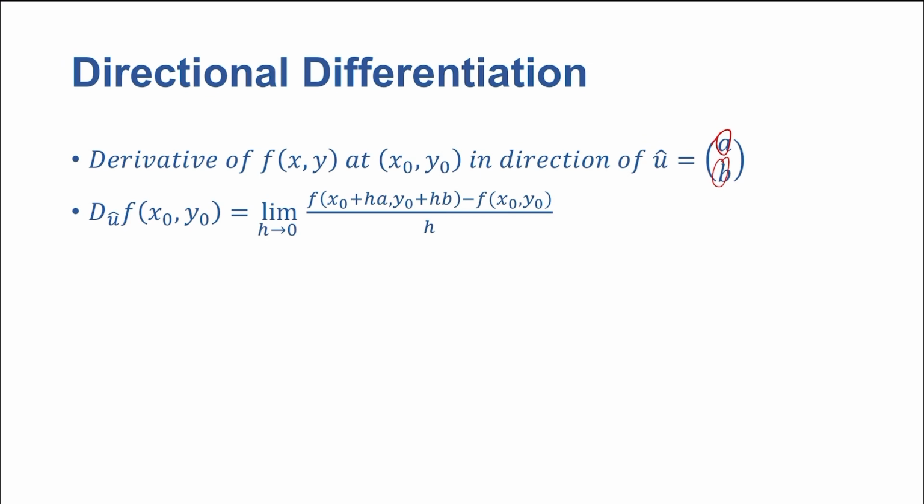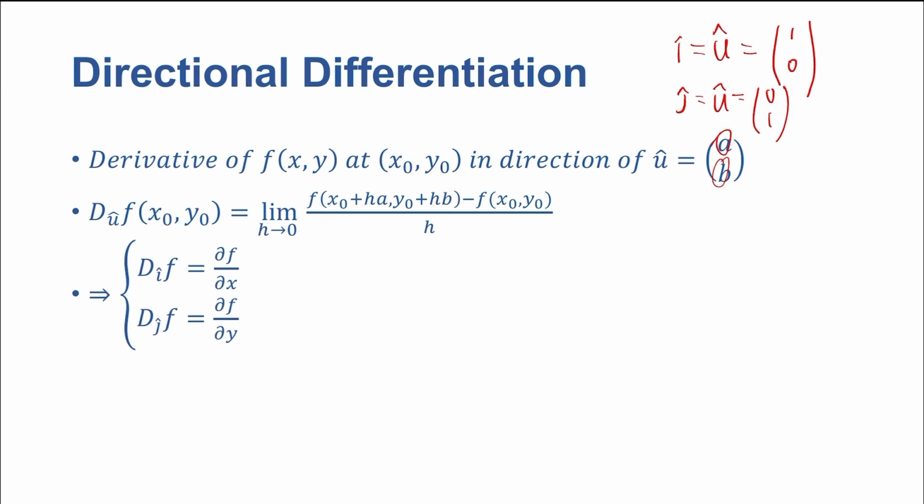Now we can see that in the case where u equals 1, 0, and this is equal to i hat, or j hat equals u equals 0, 1, well, these are the unit vectors for x and y. So if I take the directional derivative along i hat of f, that's equal to partial f partial x.